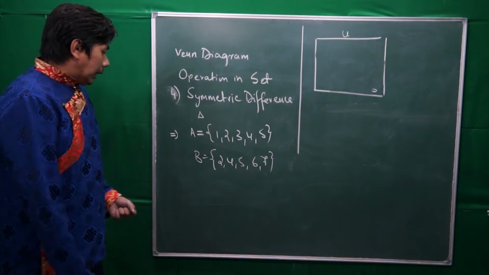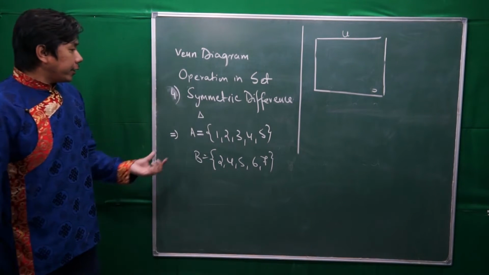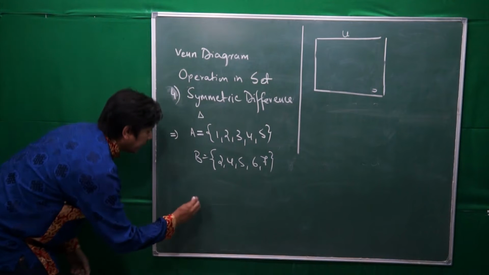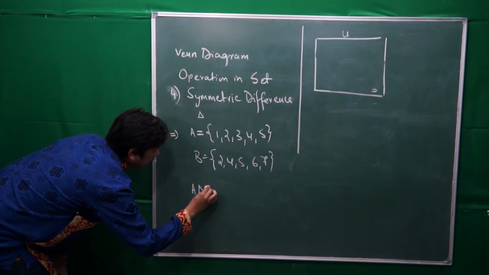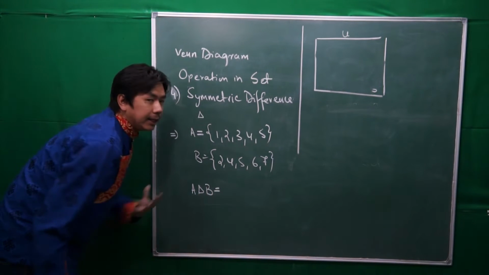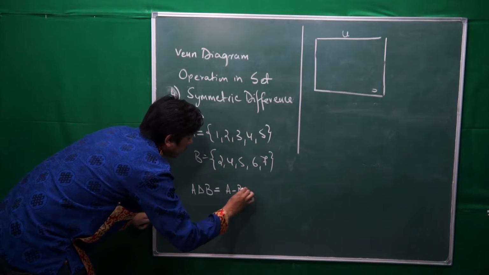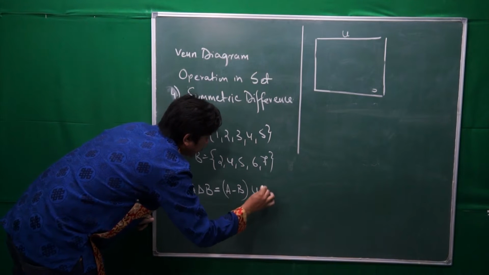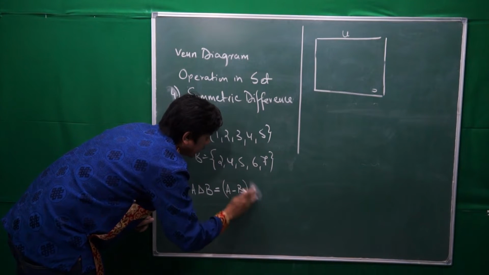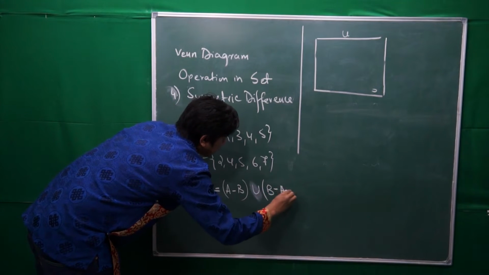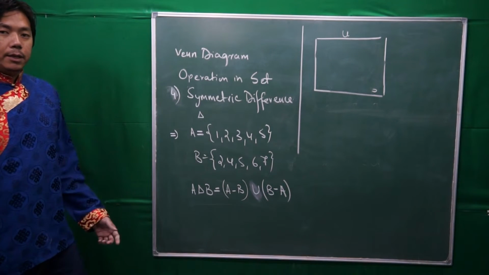Okay. Now, if I need to find the symmetric difference between set A and set B, I'll be writing A delta B is equal to A minus B union B minus A. Alright.